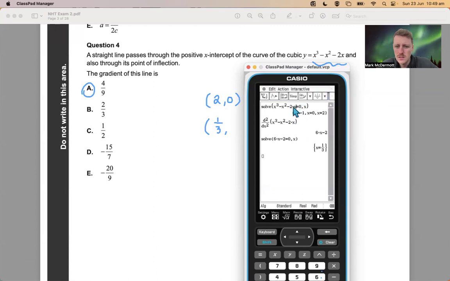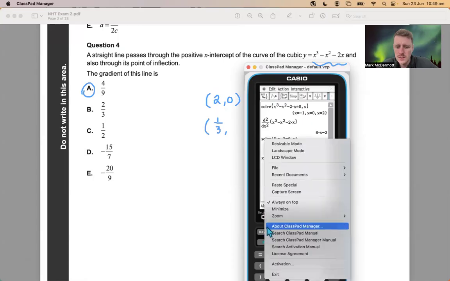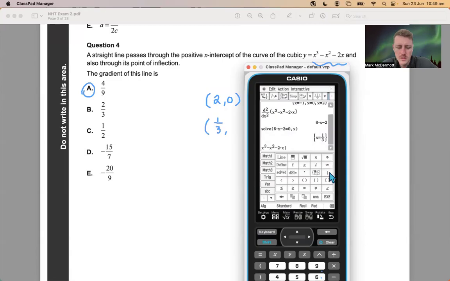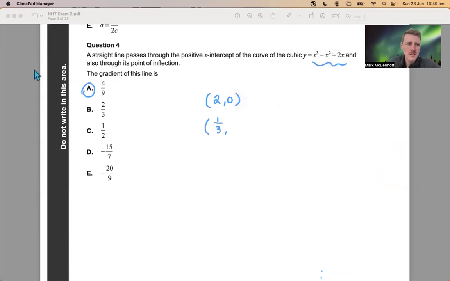You want to take this, but you want X, keyboard, math 3. You want X to be equal to 1/3. We get negative 20 on 27 as the y coordinate at that point, which sounds about right. It's negative because we saw that the point of inflection was below the x-axis.